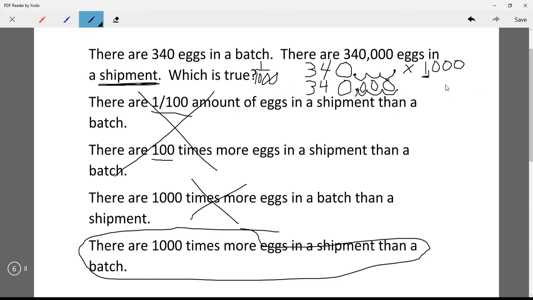If you're moving to the left, you just put the 1 and the subsequent zeros in the denominator of the fraction, and it becomes 1/1,000th. So 340 is 1/1,000th of 340,000. Okay?